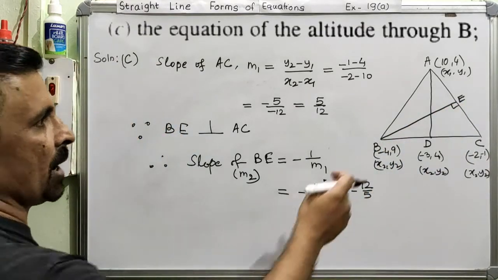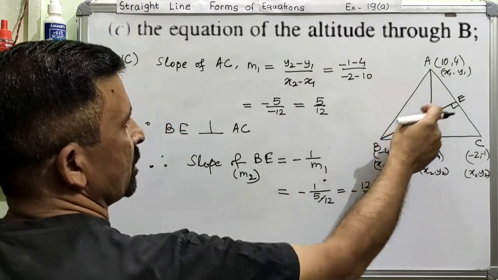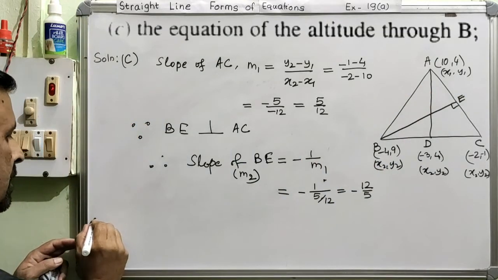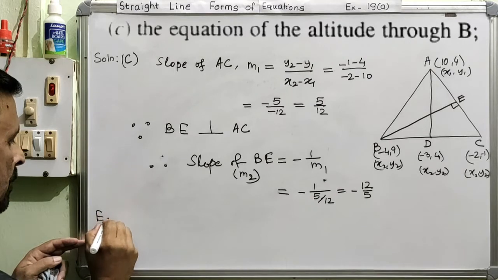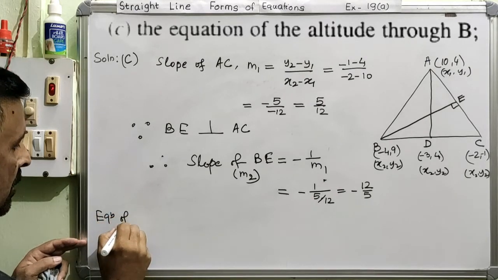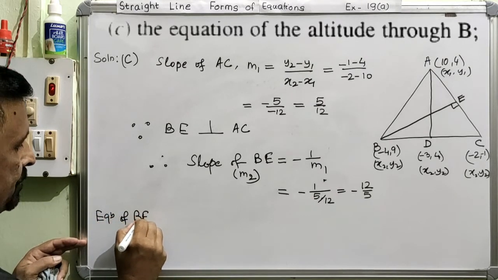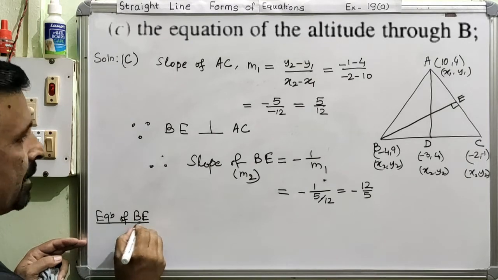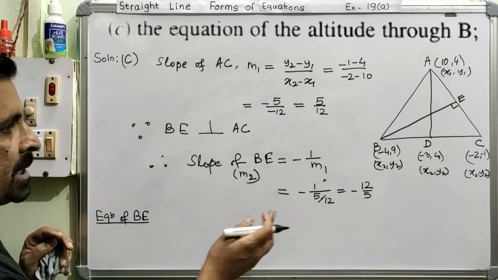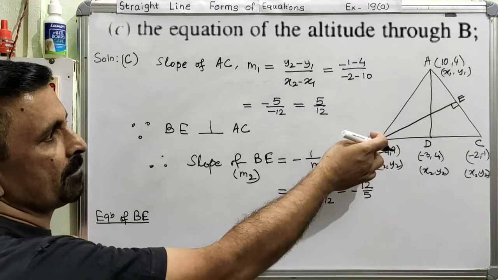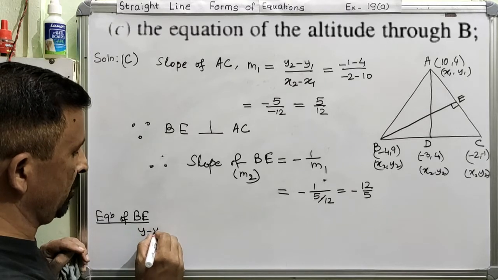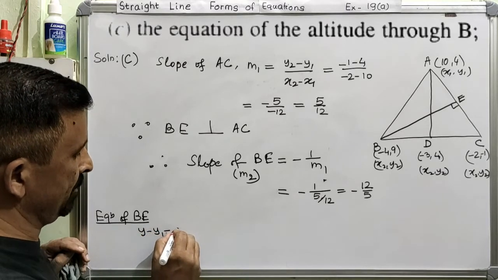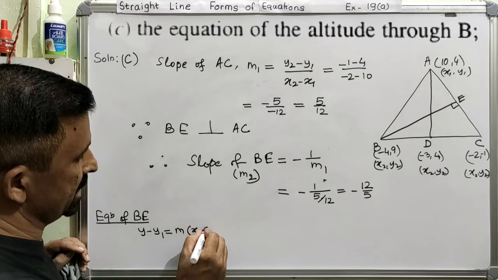Is it okay? So after this slope, we can write down the equation of BE. Therefore, the required equation of BE will be, since we have a slope and we have one coordinate, the formula that we are going to use is y minus y1 is equal to m into x minus x1.